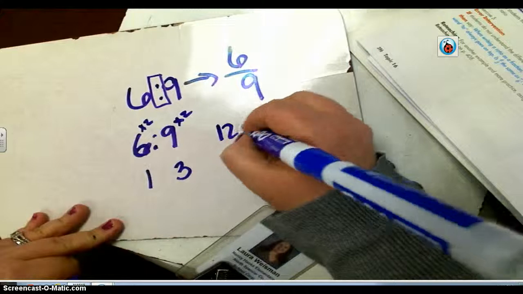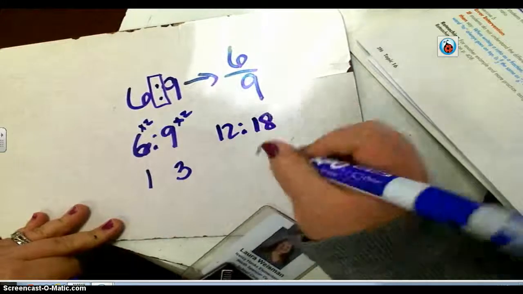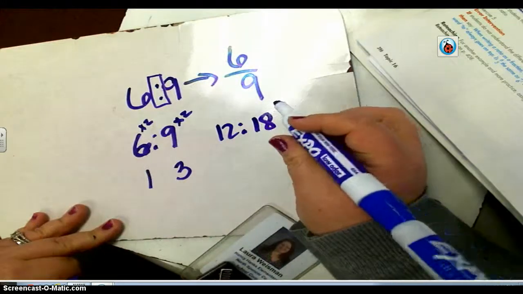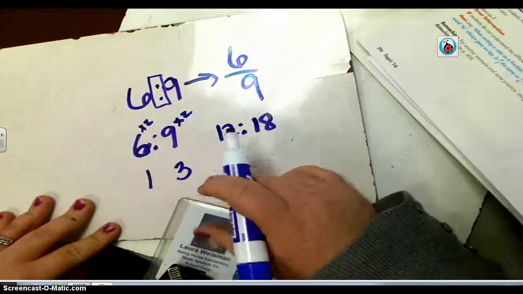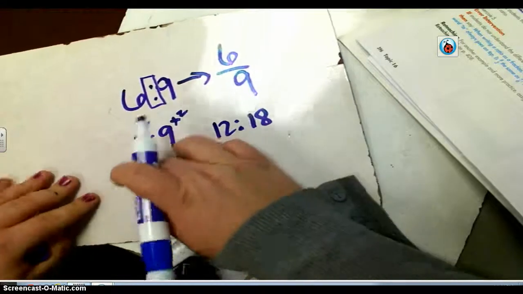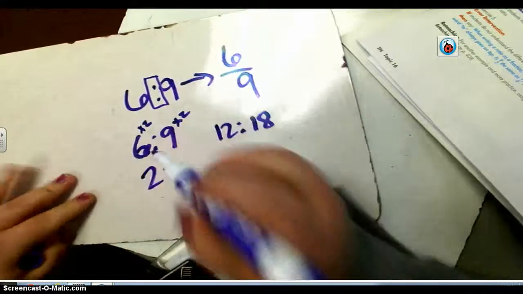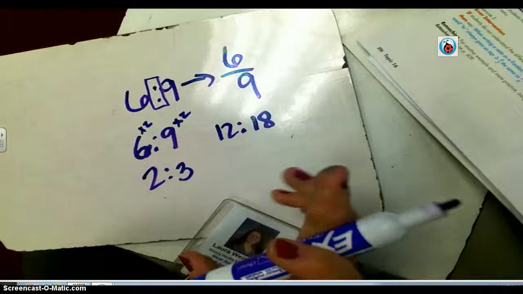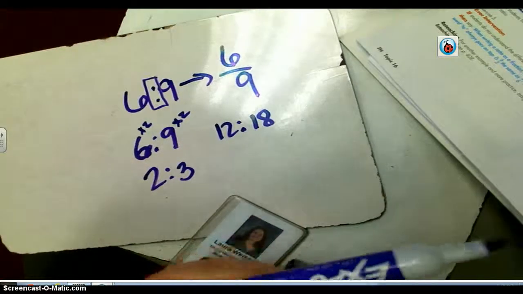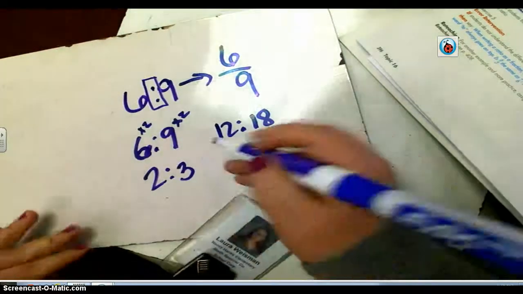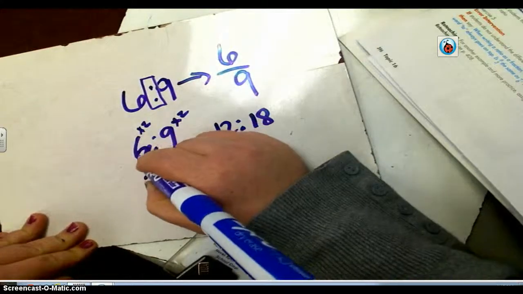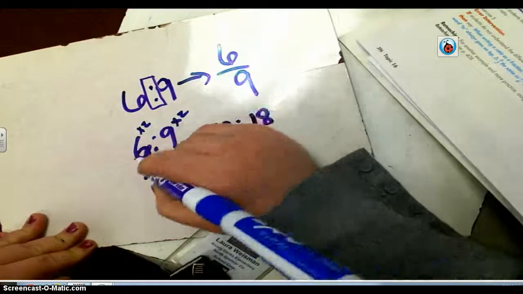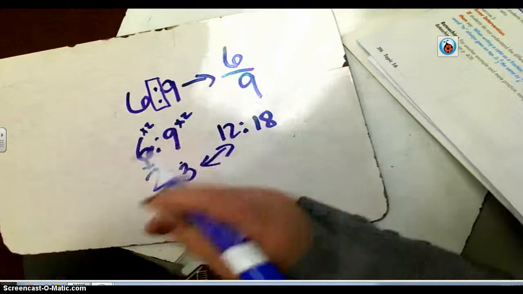So it could be 12/18. Yes, that would be 2/3. Not 1/3. Sorry, I wasn't looking. Okay, so 2/3 would work. 12/18 would work. When I got 2/3, all I did is divide 6 by 3 and 9 by 3, right?